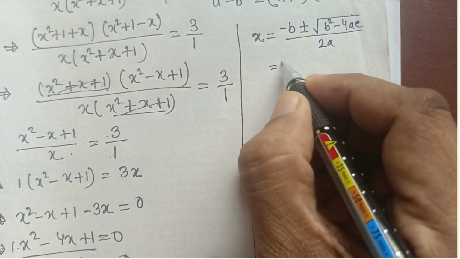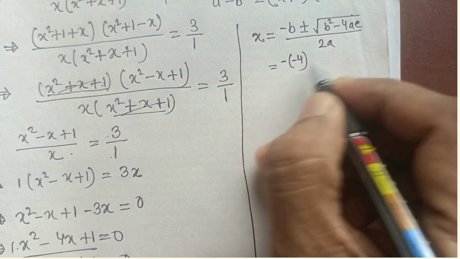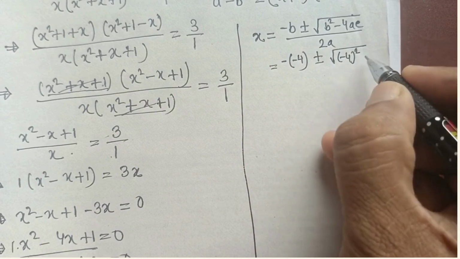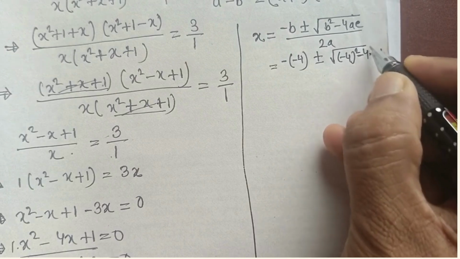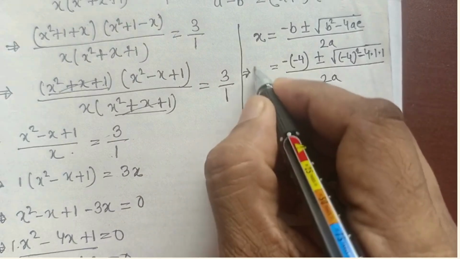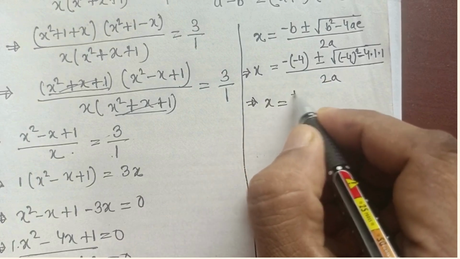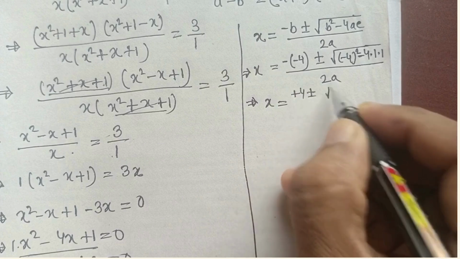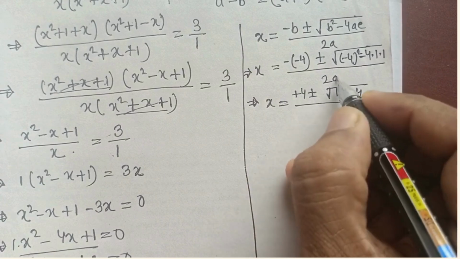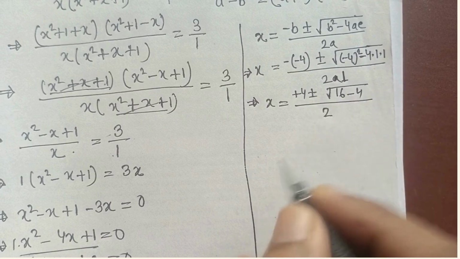Now we are going to put the values: b is equal to minus 4, so x = (4 ± √(16 - 4))/2, where we need to put the value of a, that is 1, so we get 2 in the denominator.